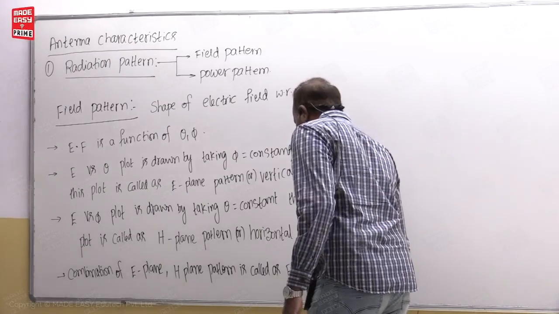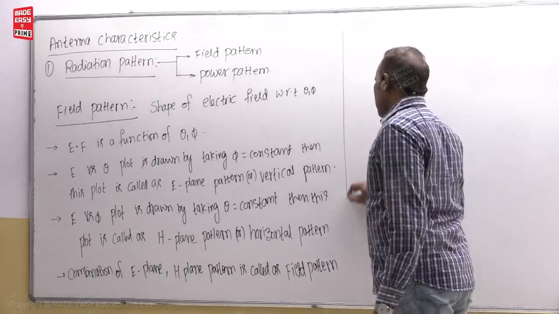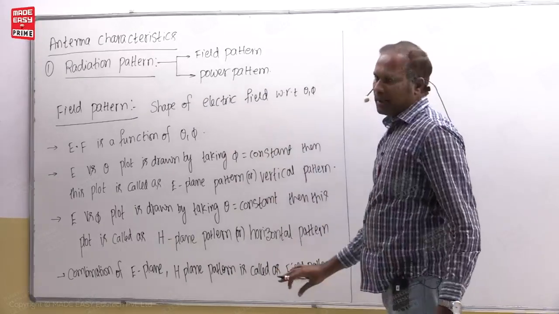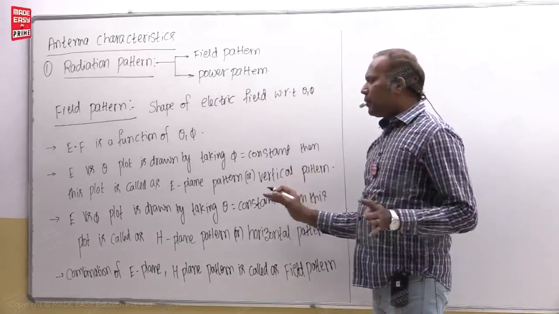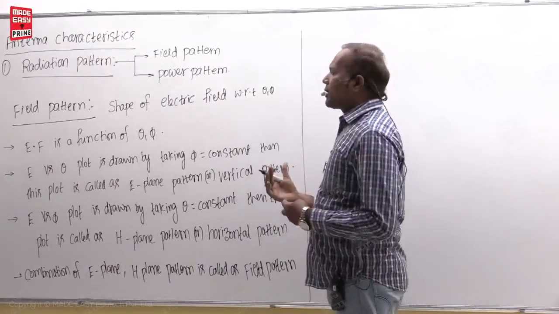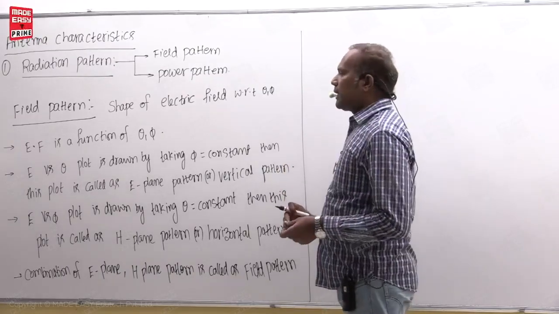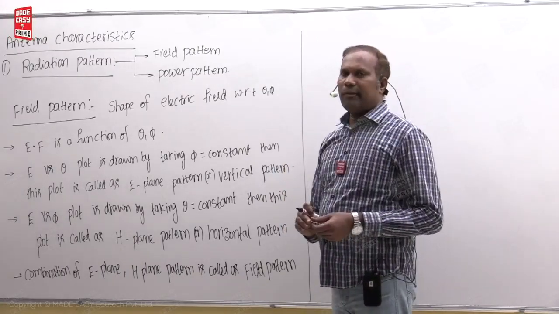Field pattern means electric field pattern here. Anyway, this theory is not important. Just I am telling you what is happening here. So electric field can be generally a function of theta and phi. So at constant distance we will be observing electric field.